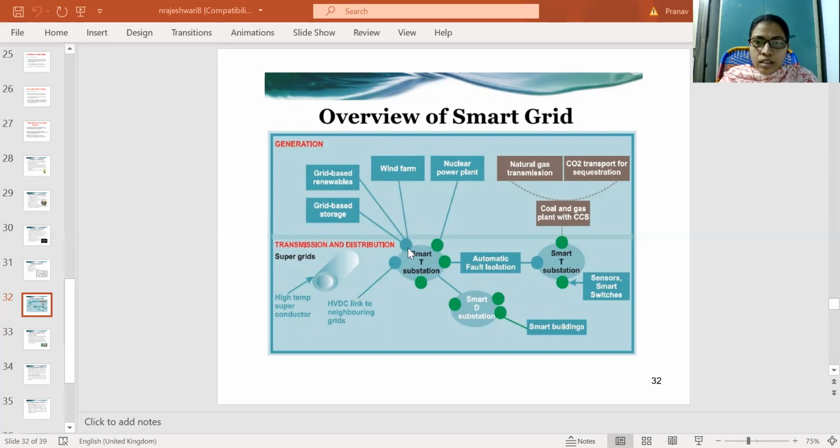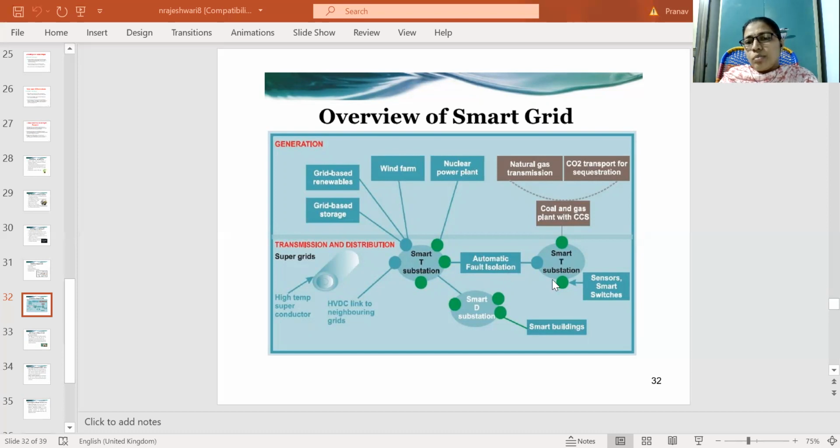From this, it will send to the smart D substation, to the smart buildings, and this is given to the automatic fault isolation block, and it will send to the smart T substation, because if any fault occurs, the efficiency of power reduces. So this automatic fault isolation will eliminate the fault disturbances.